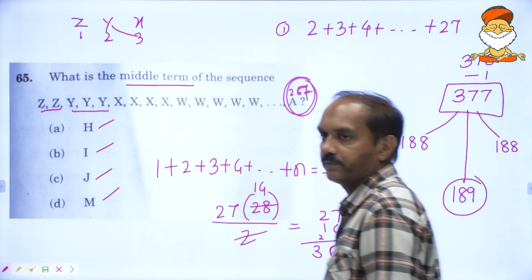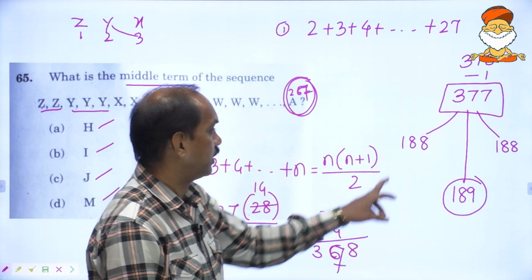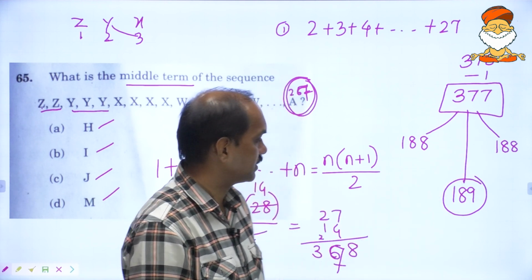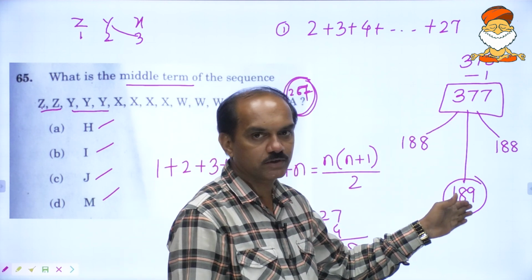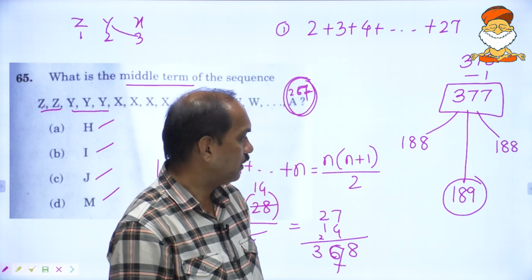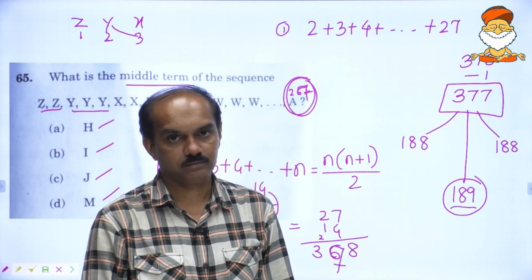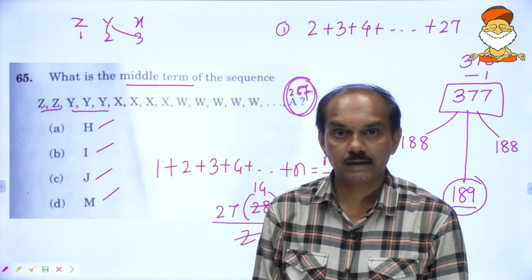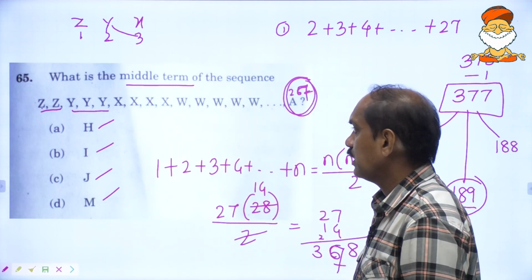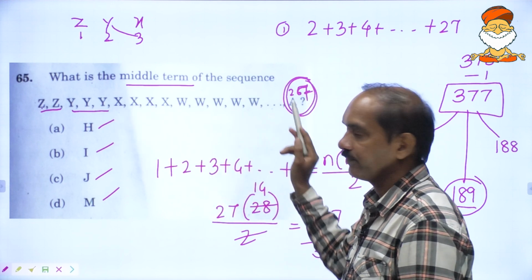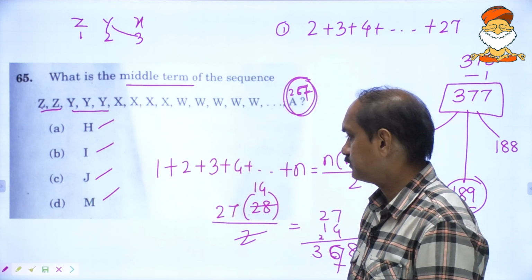Do you agree with me? 188 plus 188 gives you 376 plus 1, which is there in between. So we want the 189th term in this series, right?